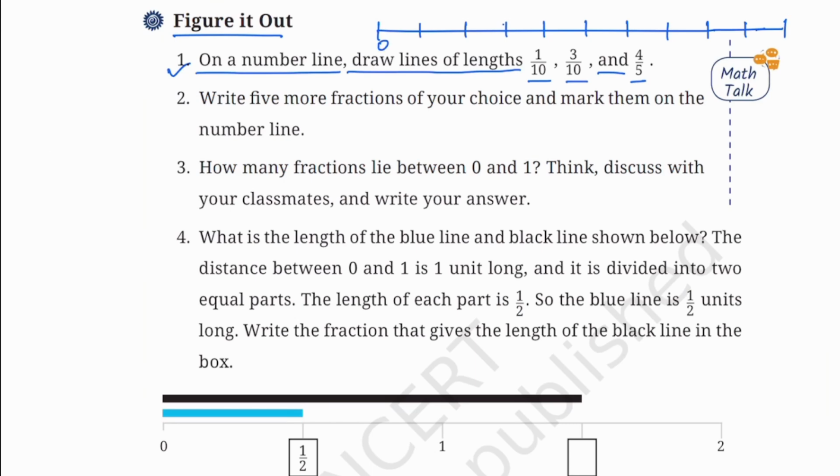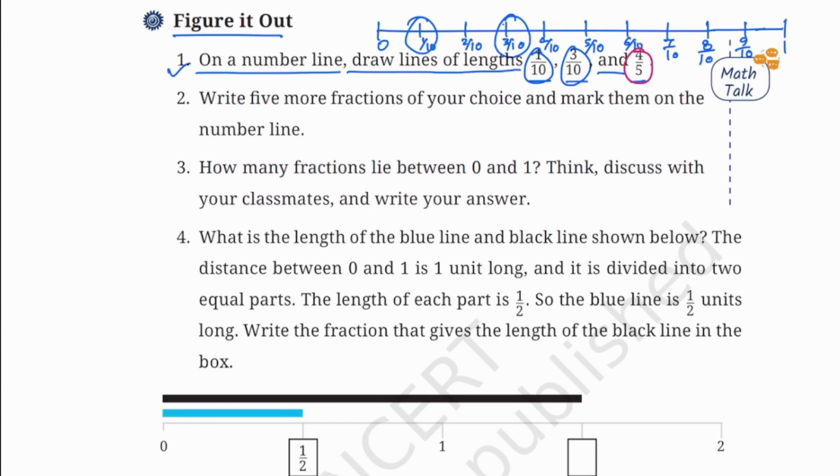Zero, 1 upon 10, 2 upon 10, 3 upon 10, 4 upon 10, 5 upon 10, 6 upon 10, 7 upon 10, 8 upon 10, 9 upon 10 and 10 upon 10, that is 1. 1 upon 10 is here, 3 upon 10 is here.